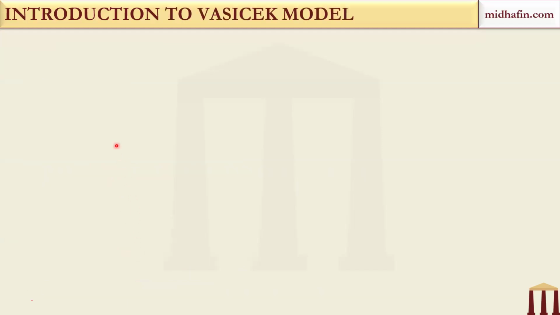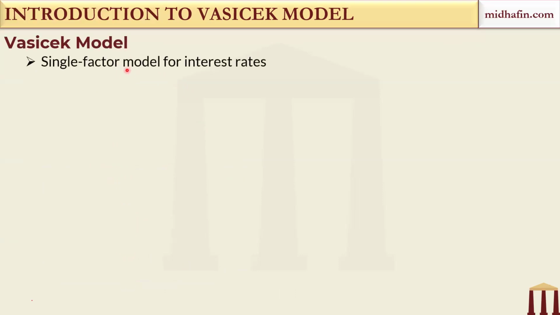Now, again, let's discuss this Vasicek model in a little bit more detail. The Vasicek model, as I said, is a one factor model. What makes it special is that instead of just letting interest rates drift around randomly, the Vasicek model assumes that they have a tendency to pull back towards a long-term average, which we discussed in the previous slide as well.